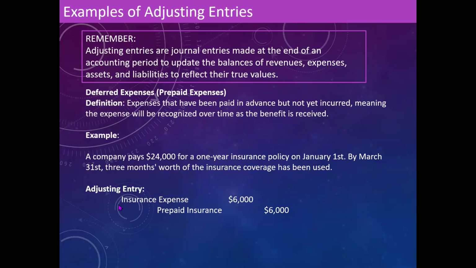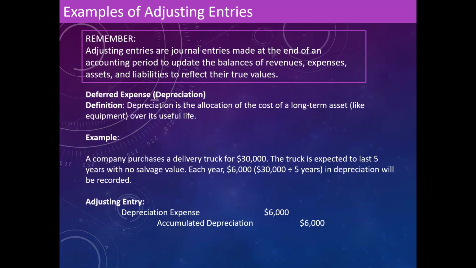And a similar type of deferred expense is depreciation. So that's where we are allocating the cost of an asset, a long-term asset like equipment, over its useful life. So our example, a company purchases a delivery truck for $30,000. The truck is expected to last 5 years with no salvage value. Each year, $6,000, or the cost, 30,000 divided by the number of years in the truck's life, will be depreciated.